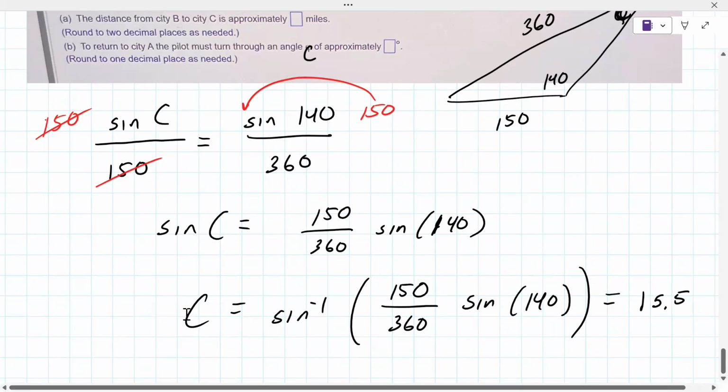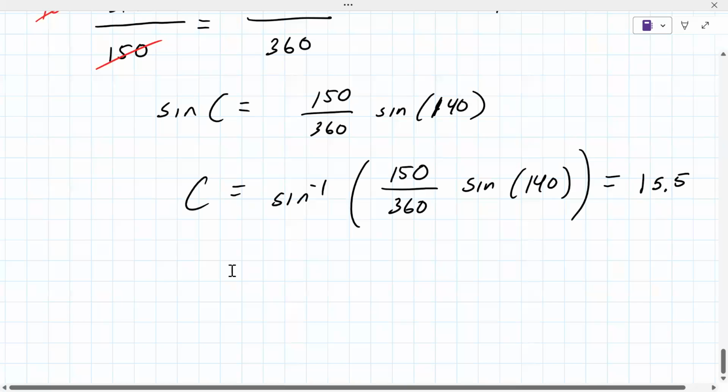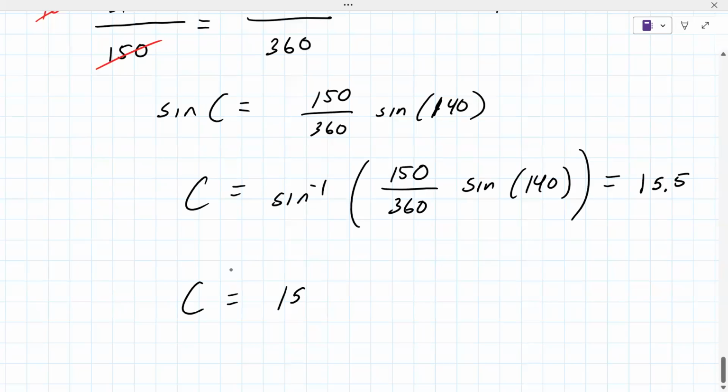Now, because we're going to reuse this angle in another part of the problem, you actually want more decimal places. 15.5. Yep.